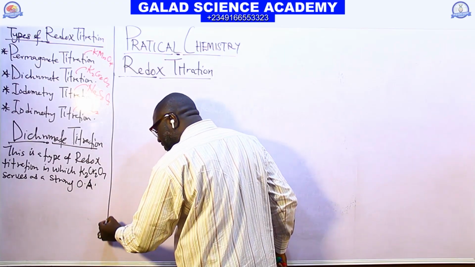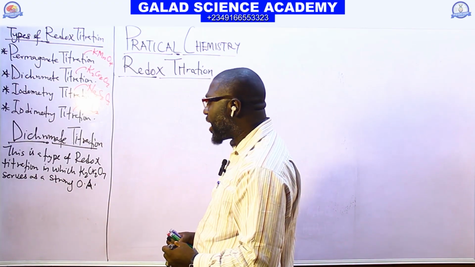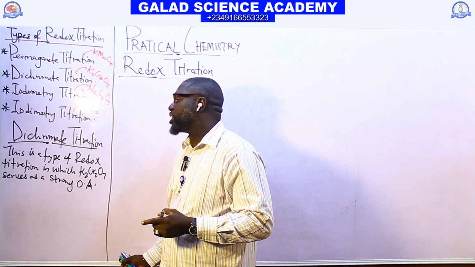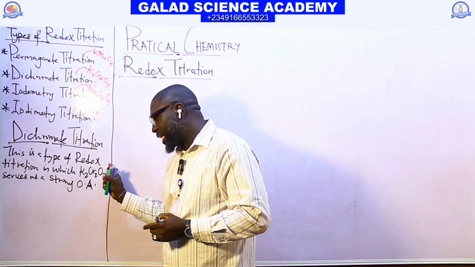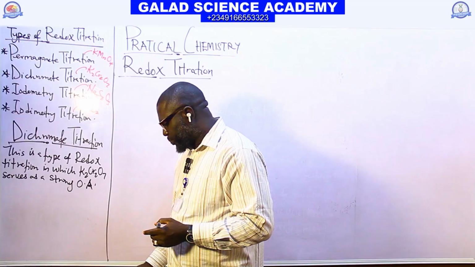So whenever K2Cr2O7 serves as the oxidizing agent in a redox titration, the kind of titration is called dichromate titration.